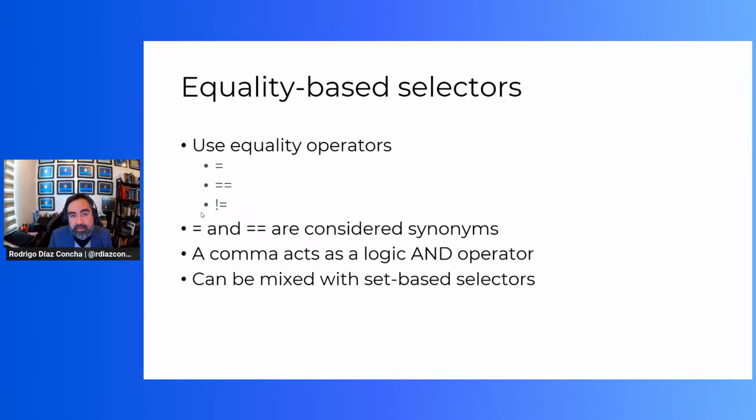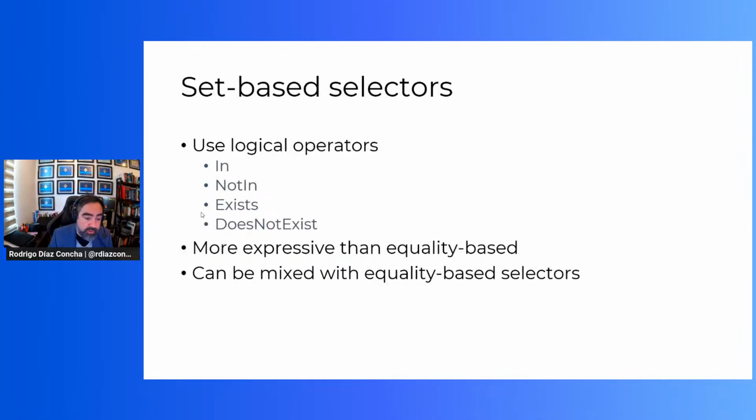That's why they're named like that. Okay, so you use equals or not equals and so on. In set-based selectors, you use logical operators such as in, not in, exists, doesn't exist, and so on.